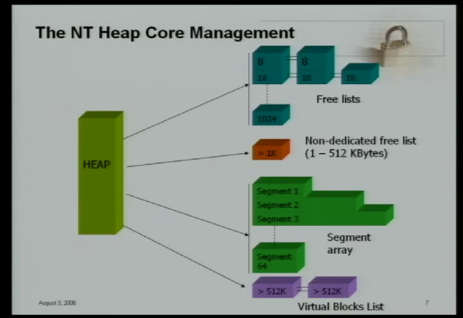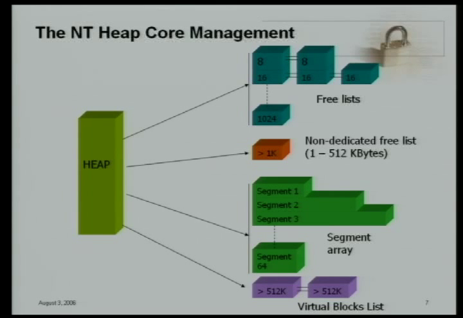And there is one special list entry for every single block that is over 1K. Every number I mentioned applies only to the 32-bit platform. On 64-bit, all these numbers are doubled, so it depends on the granularity. The non-dedicated free list started to be indexed. It has some hash for a quick constant time lookup later, but it's not really interesting for this presentation.